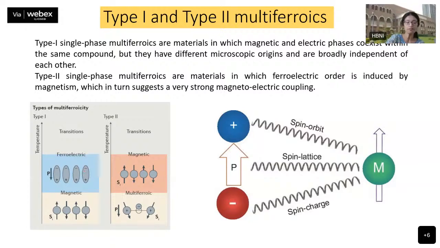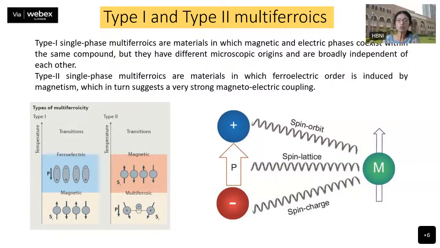So in the same phase, you do have magnetic and electric phase, but the origin of the magnetic and electric phase is different. The magnetic phase is independent of the ferroelectric phase, so they are kind of independent of each other, though the material is in single phase.